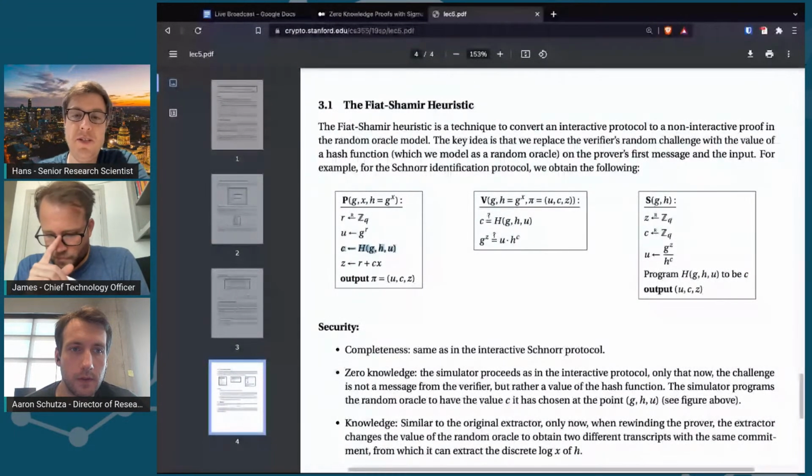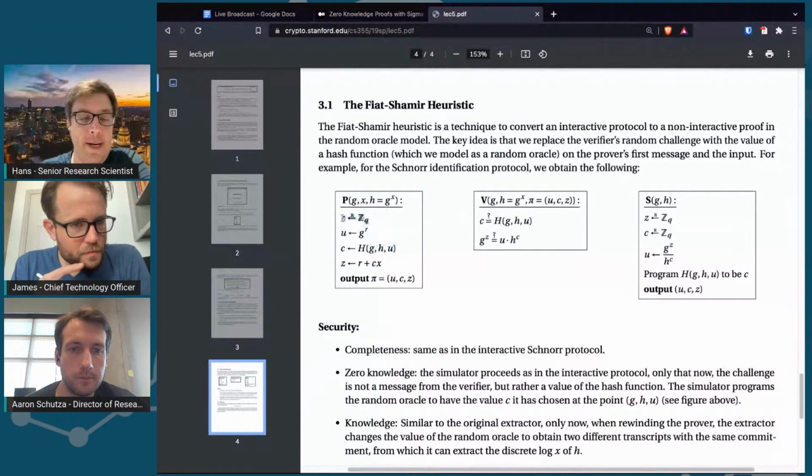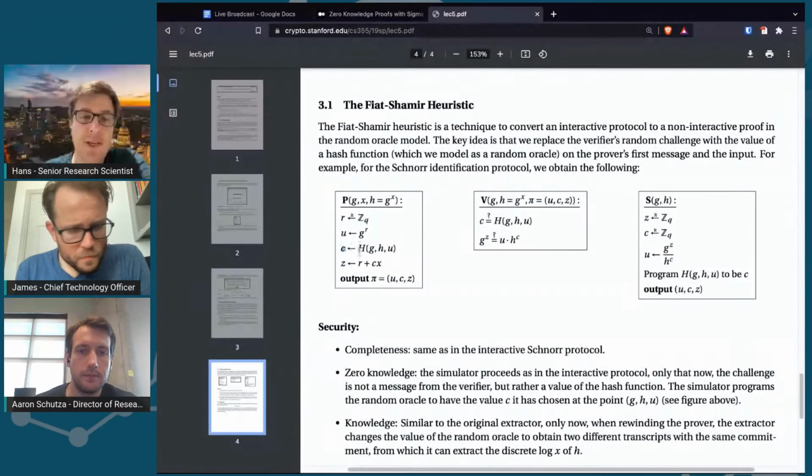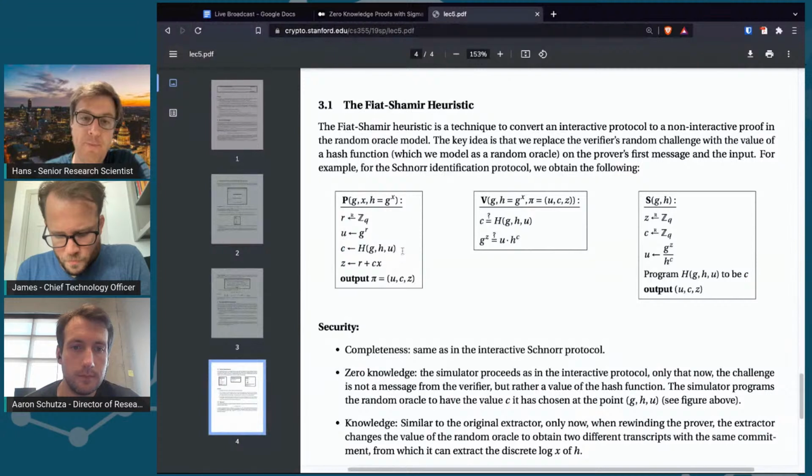So if this is what we were doing before, we're still generating our little r in the same way. We're generating our commitment, which is called U here, not T. The prover generates their own challenge based on the hash of these values, and C is hard to predict, so you can think of C as randomly generated.